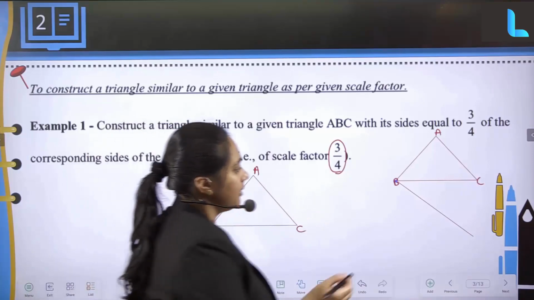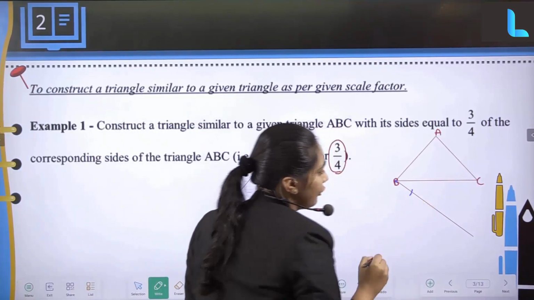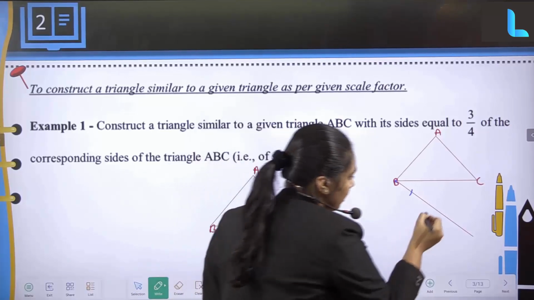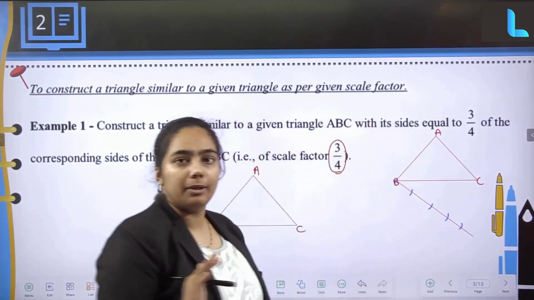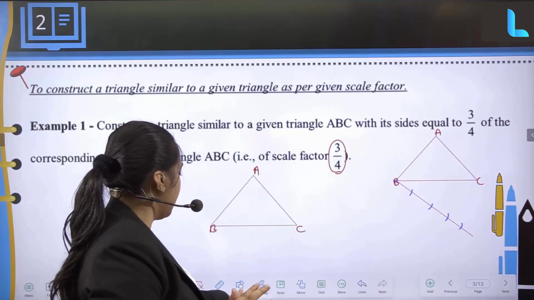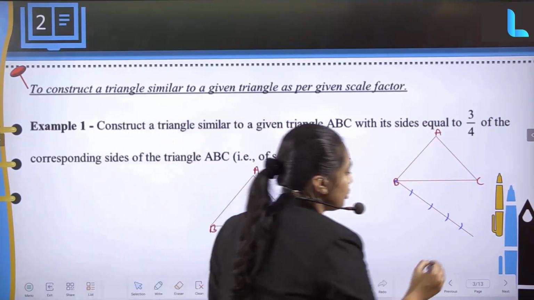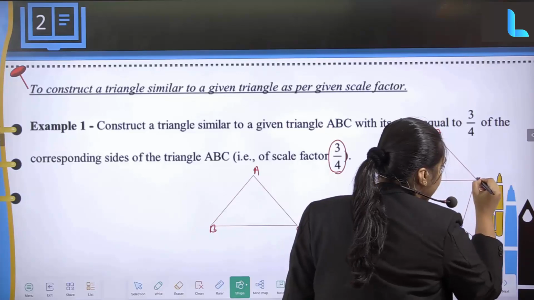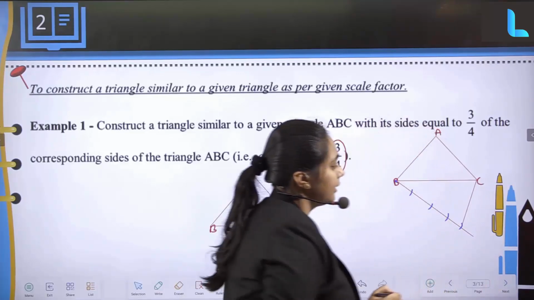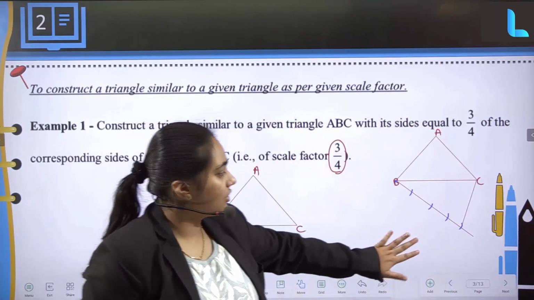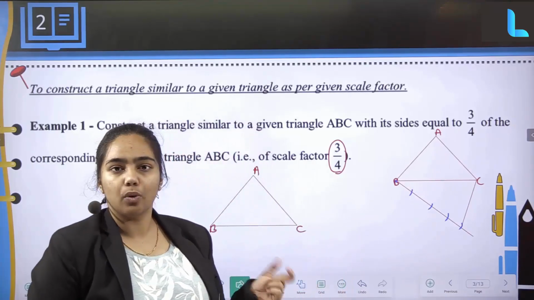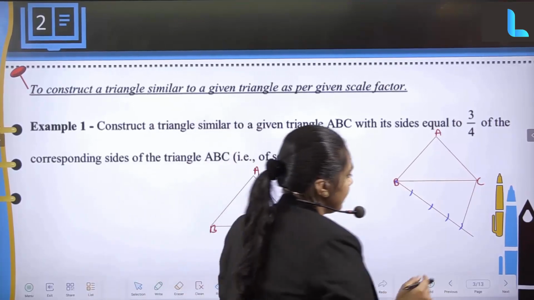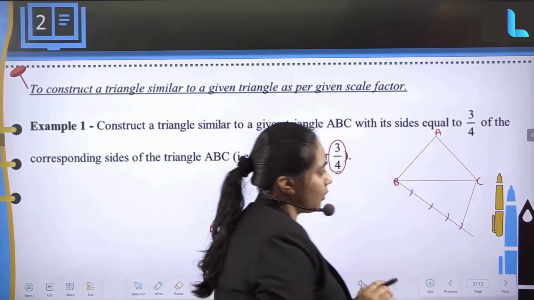You just have to draw 4 arcs: 1, 2, 3 and 4. Once I get those arcs, I join from here till C. Clear? Once I do that, 3/4 is what I should have, that is 1, 2, 3 and 4, right?